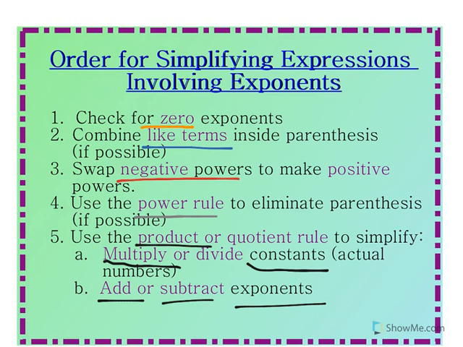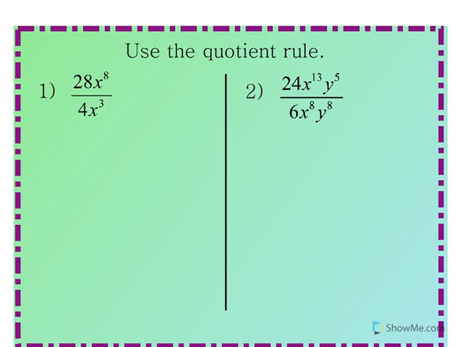So those are the 5 steps in the order, kind of like order of operations for exponents. Because normally with order of operations, we just say exponents, and that's all we've ever thought about. But now within exponents, it has its own list of order for the rules. So let's go ahead and look at a few problems and see if we can combine our rules.